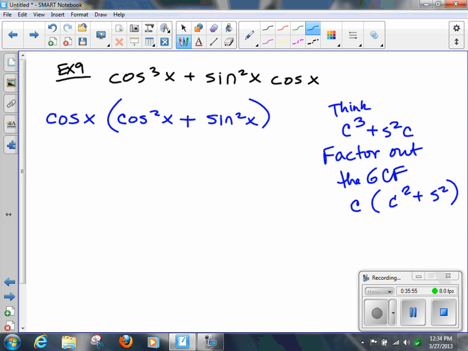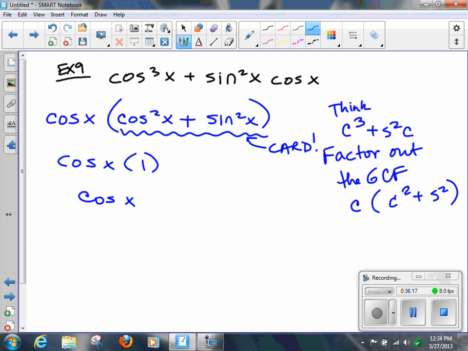Now, what do you need to look at? Look at your card right here. What is cosine squared plus sine squared? 1. Holy moly, what's cosine times 1?